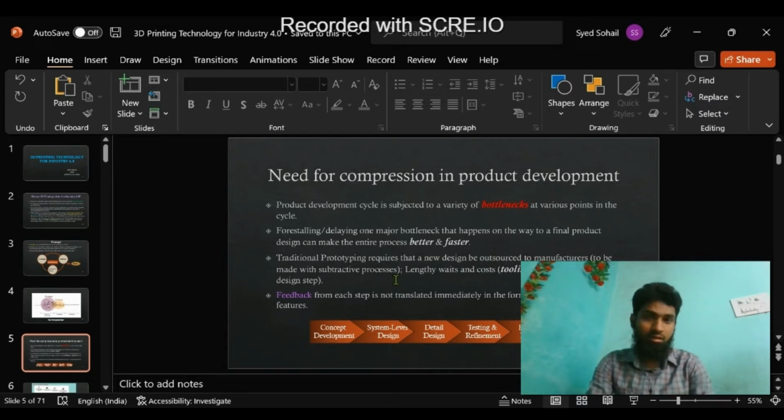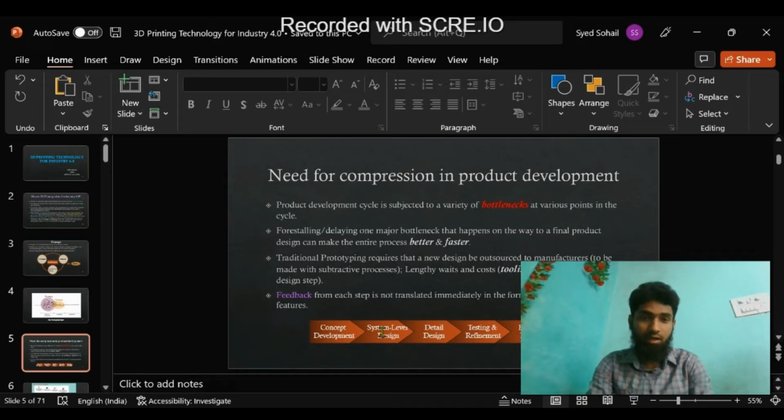So that is where the time increases and the cost as well, because you have to invest in the tooling and logistics and the R&D that goes in at every step. So the feedback from each step is not translated immediately. This is the problem with traditional prototyping. Immediate transfer of feedback is not possible with the conventional and traditional method of making a prototype. So those changes to the product features are not incorporated quicker.